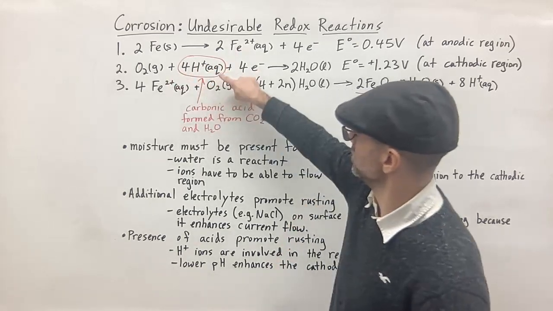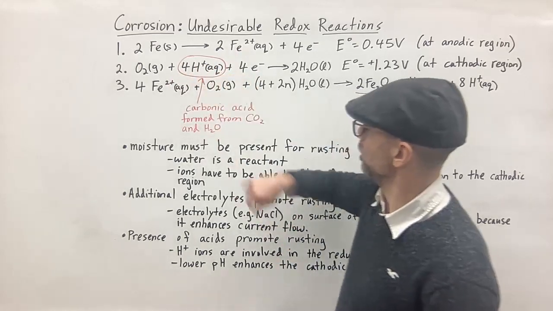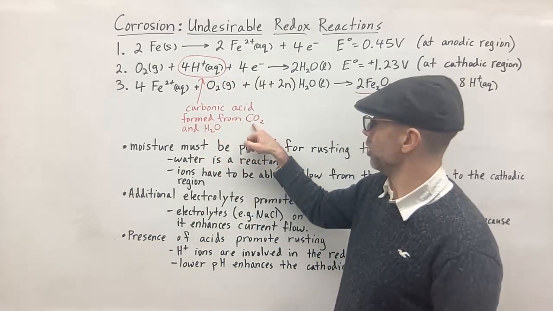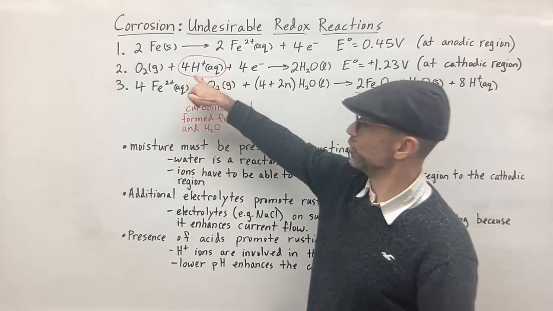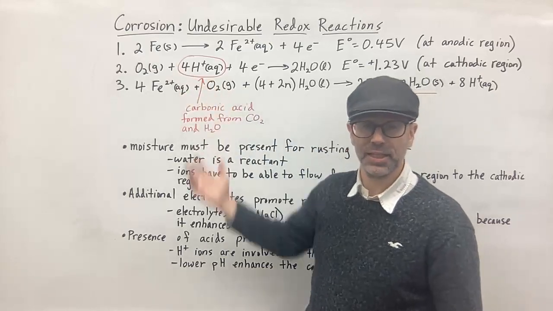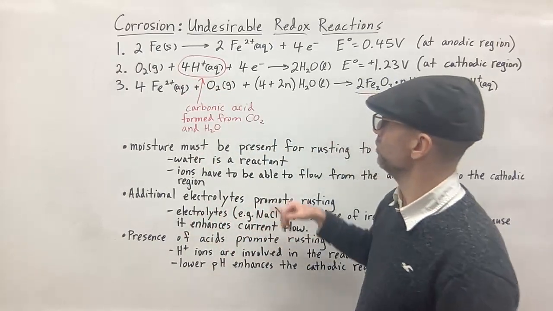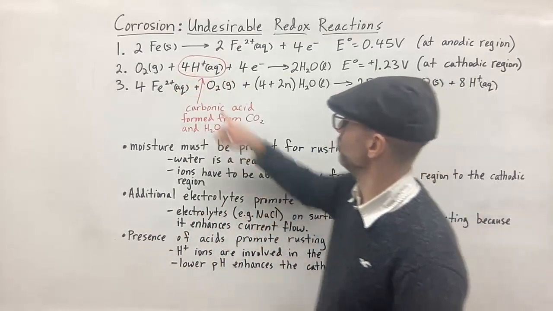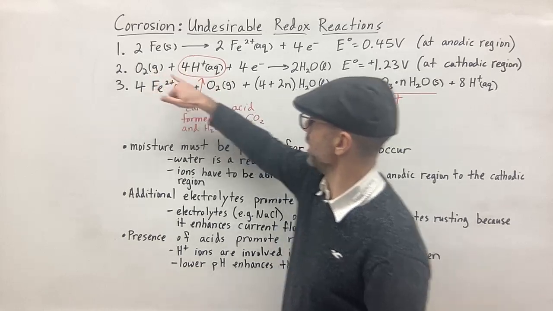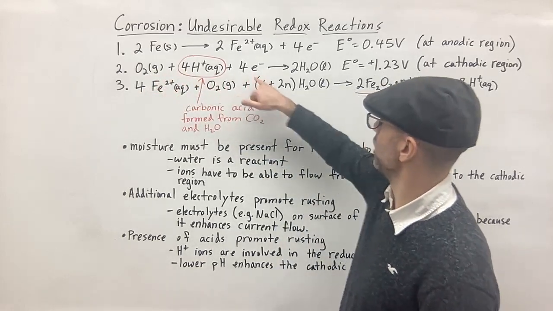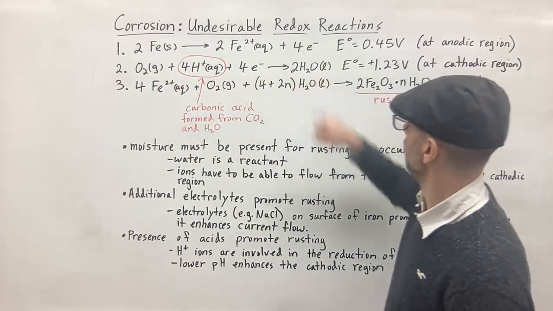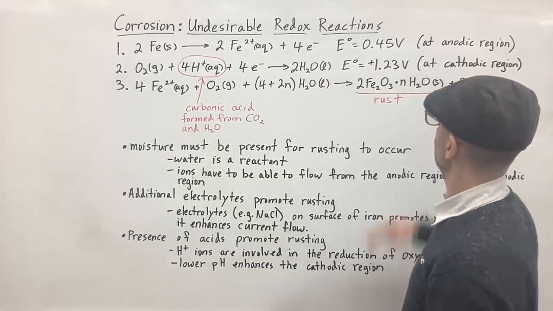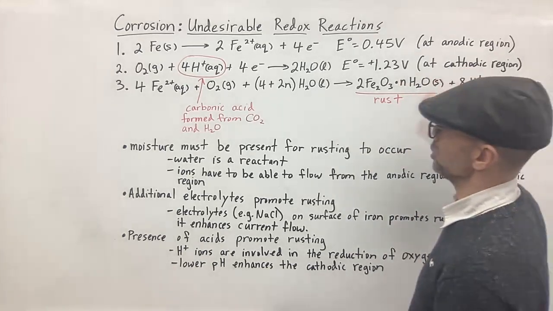And so this H plus comes from carbonic acid, which naturally forms when carbon dioxide dissolves in the water. So you're going to have H plus ions in solution from the carbon dioxide. And so you're going to have this react with the oxygen with the 4 electrons, and you're going to form water. And you can see that's fairly positive as well.